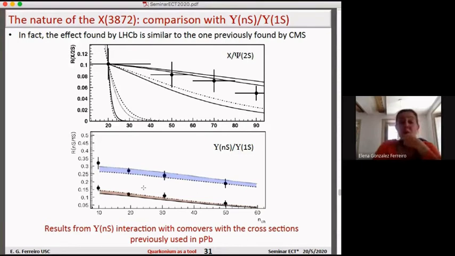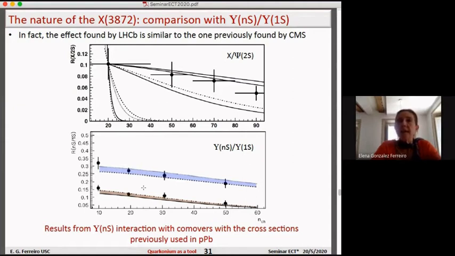The results make us think that we are right, that there is an effect in high multiplicity proton-proton collisions, that this effect should be applied when you study excited over ground state for quarkonium, and in particular, that if you apply this effect for a tetraquark X, you can reproduce the data.